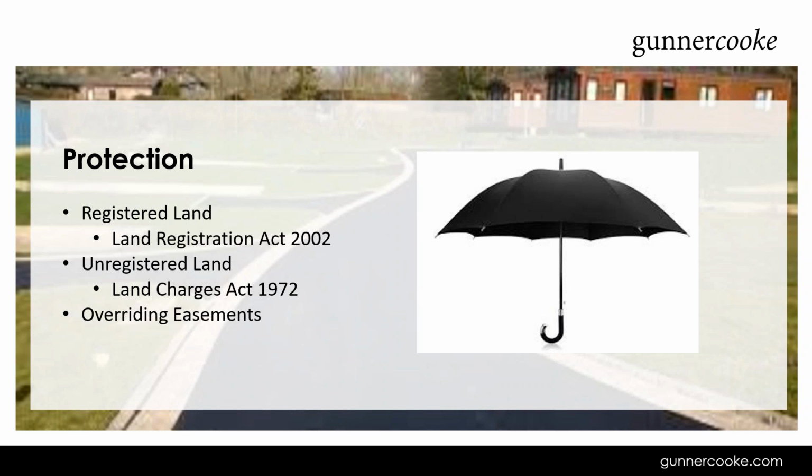How they are dealt with differs depending on whether they are pre or post the 13th of October 2003, which is when the Land Registration Act came into place. But realistically, if you find there is an overriding easement, it's usually because the due diligence hasn't been done prior to the actual purchase or the sale of part. At which point it usually results in a negligence claim, which is a bit beyond the scope of what we're talking about today.